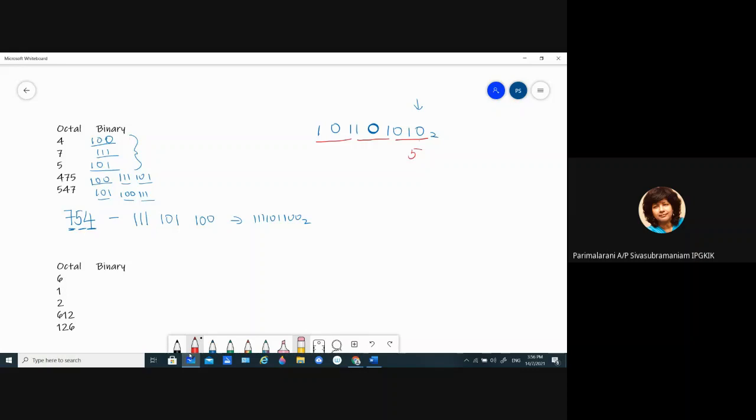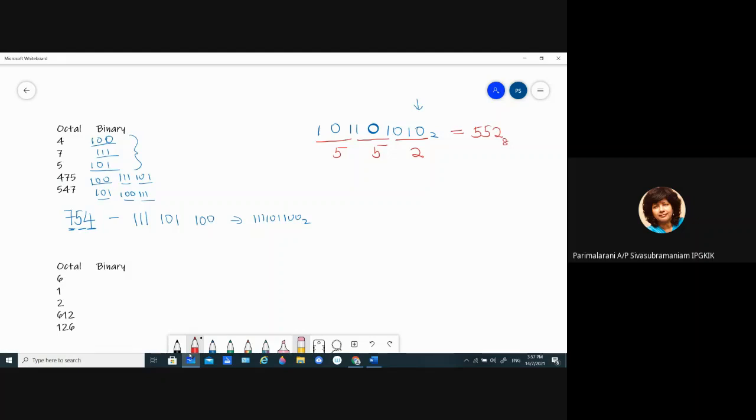Are you sure 010 is 5? 2, right? 101 is 5. Therefore, this number is equal to 552 base 8.